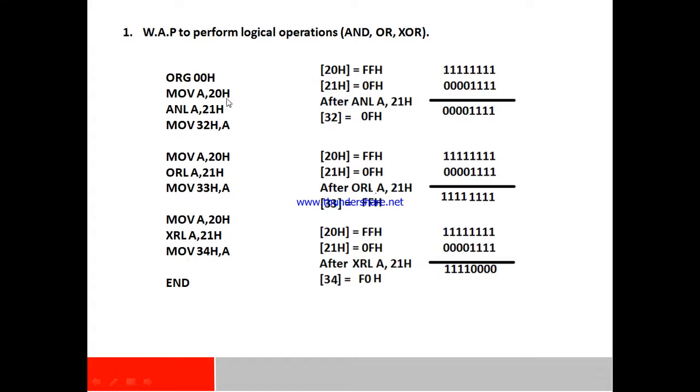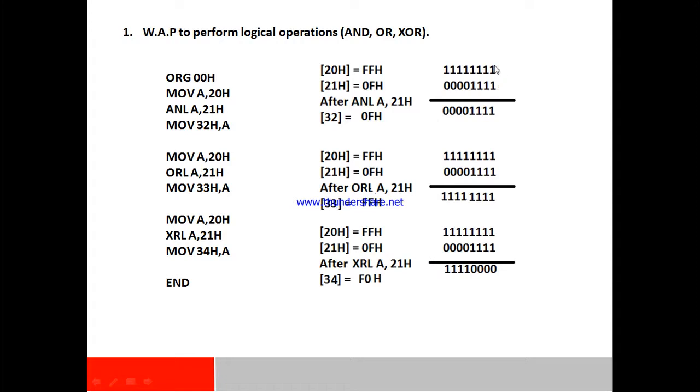For that, I am moving the content of 20H to the accumulator and using this instruction to perform the AND operation with the accumulator. The accumulator is holding FFH, and 21H is holding the second data, 0FH. We know the truth table of the AND operation.